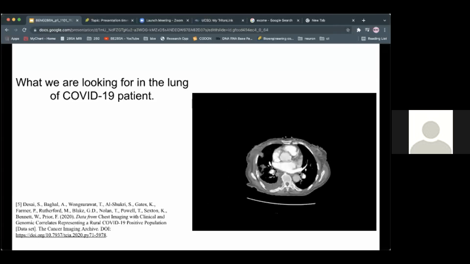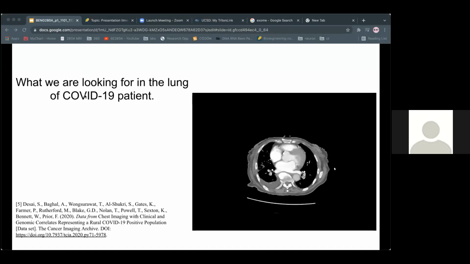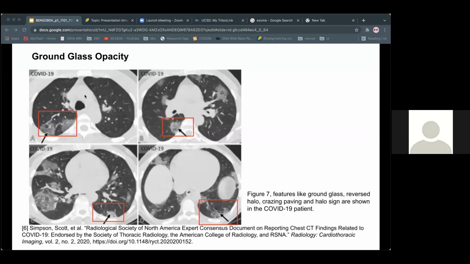So this is the typical CT scan image for COVID patients. What we're going to do is figure out how all the above features are reflected in the slices of the CT image. The first and most important feature in COVID patients is ground glass opacity, which appears as hazy gray areas that can show up in CT scans.